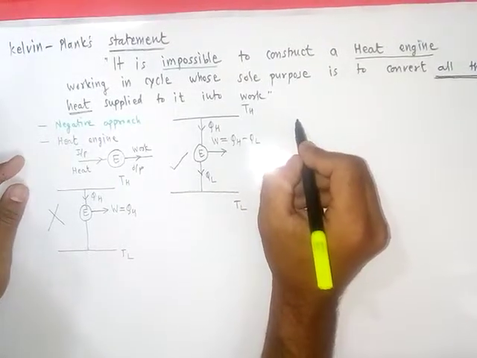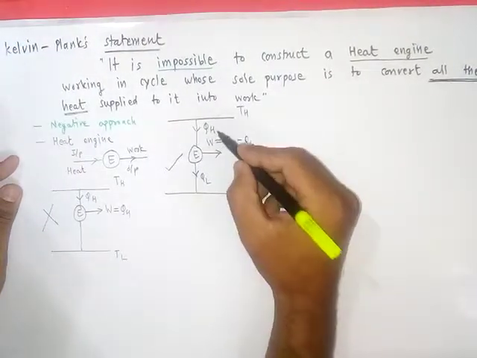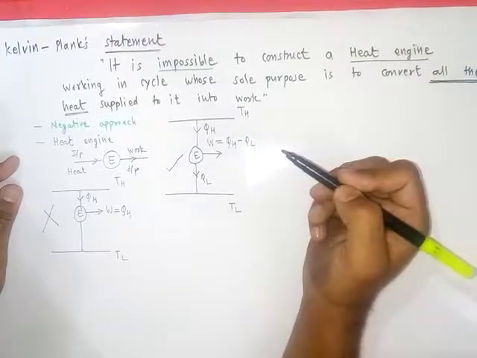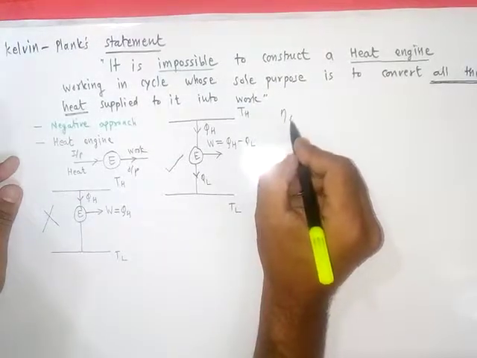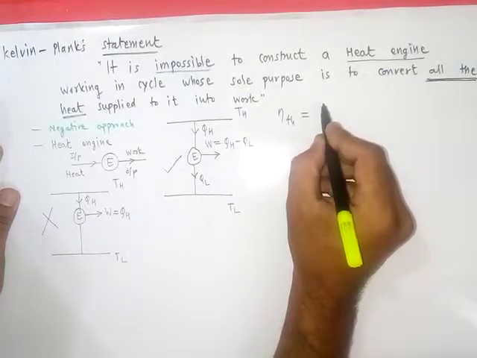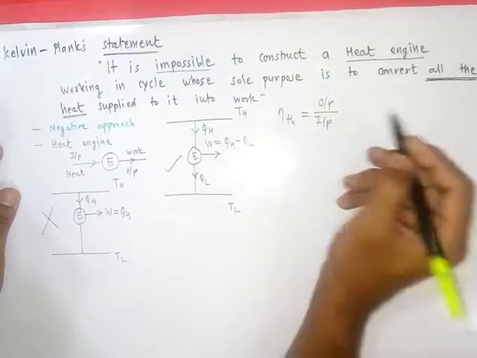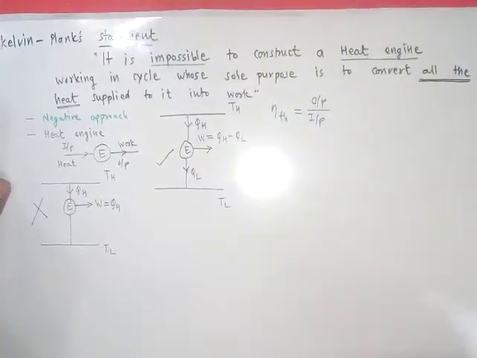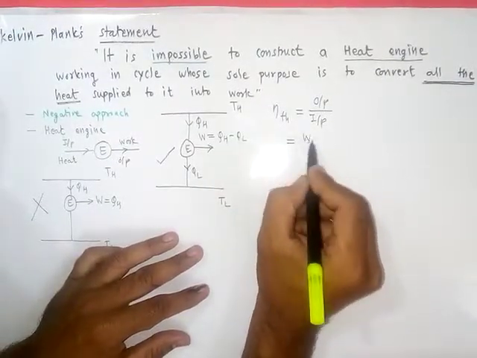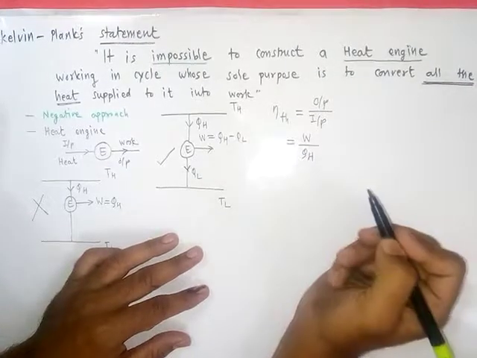Now let's see how to check the performance of this heat engine. For checking performance, we have one parameter, that is efficiency. Here the energy supplied is thermal and the output is mechanical, so we will check thermal efficiency. Efficiency is simply output upon input. Here the output is work W, and the input is heat supplied QH.